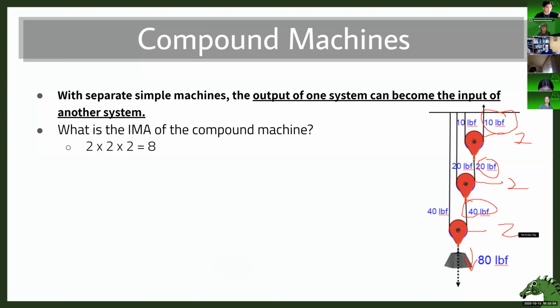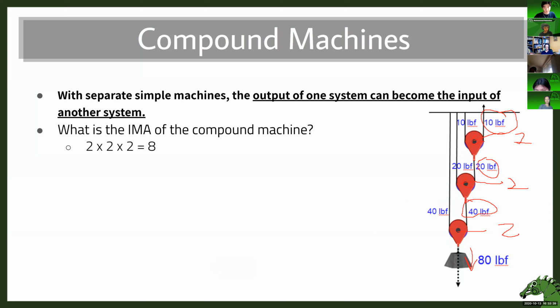And you see here on the left, what's the ideal mechanical advantage of this compound machine? It's 8, because there are 3 pulleys. Basically, the way you get the net mechanical advantage is by multiplying the mechanical advantage of your simple machines, your separate systems, and that gives you your compound system.